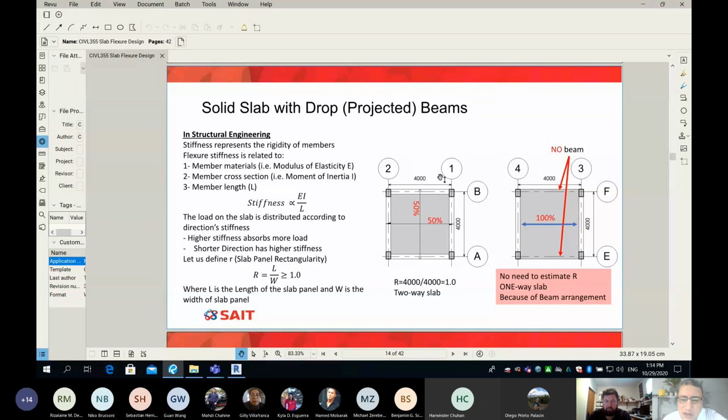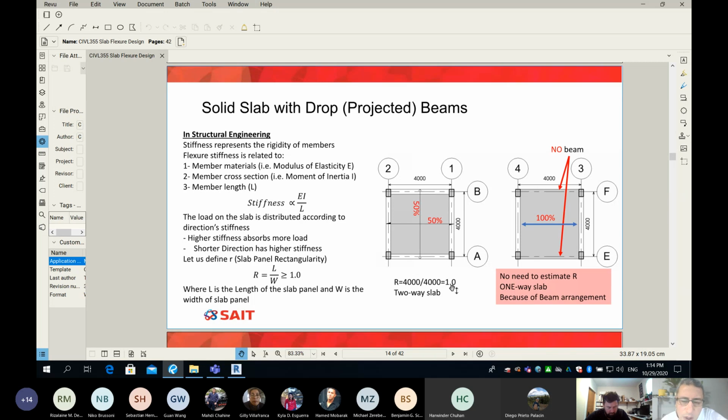So for the first example, we have beams all around the slab, and the slab is square. So the two sides, or the two dimensions, are simply the same. So we came up with a number called rectangularity, and it's very simple. There is no sine, there is no cosine. What you do is divide the longer dimension of the slab panel by the shorter dimension of the slab panel, and we get a number, and by definition it can be 1 or anything above.